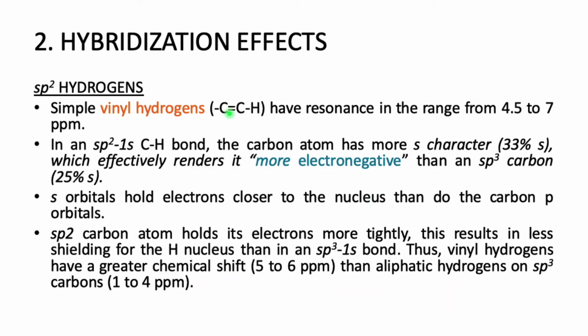Coming to the sp2 hydrogens, the simple vinyl hydrogens are the hydrogens attached to double bonded carbon atoms. They resonate in the range of 4.5 to 7 ppm, and in an sp2 carbon-hydrogen bond, the carbon atom has more s character, which is usually 33%, which effectively renders it more electronegative than the sp3 carbon, which has an s character of 25%.